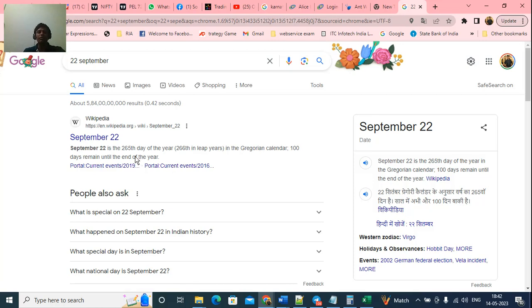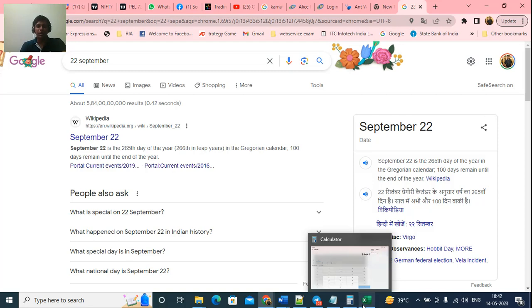So from here the trend change happens exactly every year. Whenever 100 days are remaining, this change will happen. When 200 days are remaining, a trend change happens. So these are the kind of things you have to remember. If you are following Gann, you have to consider this kind of details.